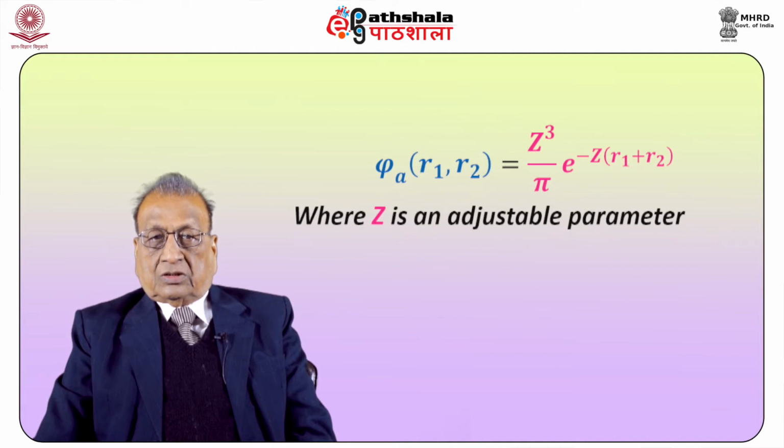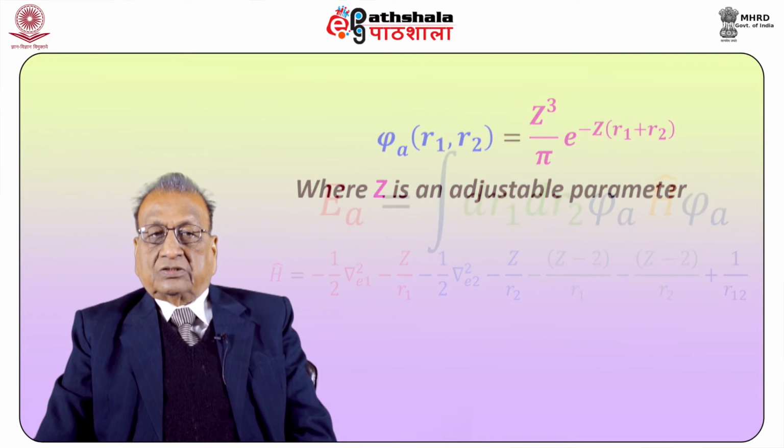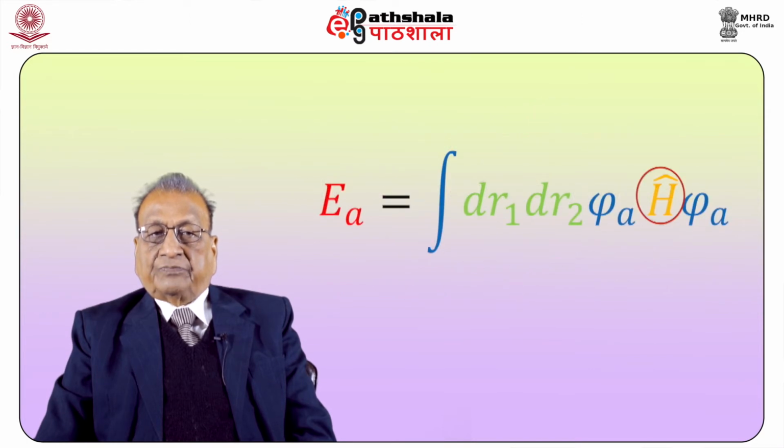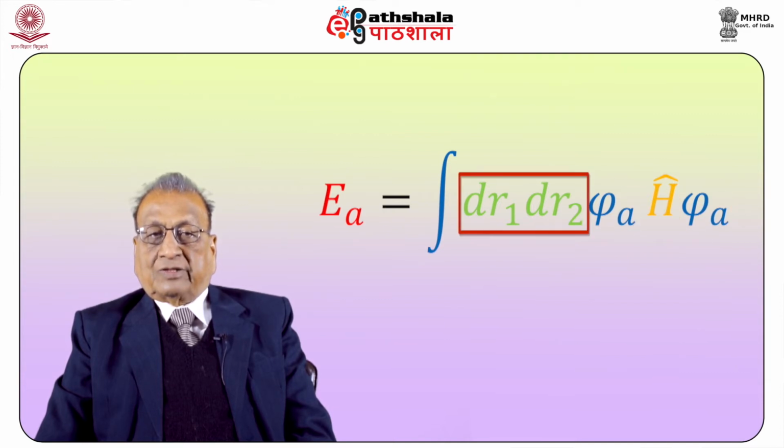Now, the Schrodinger equation with this approximate wave function becomes like this, and if you keep on solving this, we obtain energy equal to this integral with the Hamiltonian and the approximate wave function, integrating over the volume elements of electron 1 and electron 2.